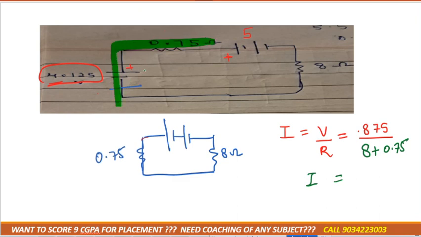Now these two voltages are connected opposite, so they are subtracted: 5 minus 0.125. Now we need to calculate the total current. Total current is total voltage divided by total resistance, and we can get the value for current.